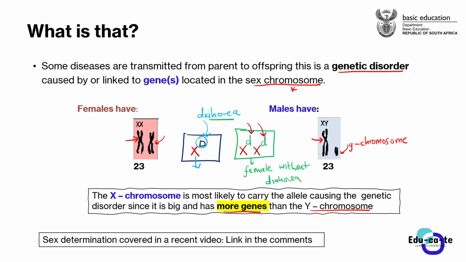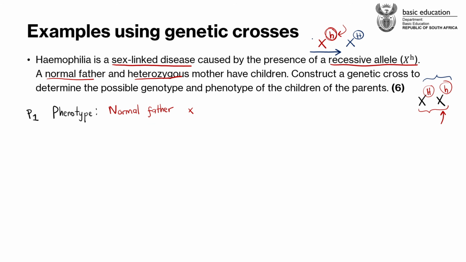Remember what I said in the previous slide, that if capital letter D represents diarrhea, small letter d will represent someone who doesn't have diarrhea. Similarly here, small letter h represents someone who has hemophilia, so capital letter H will be someone who doesn't have hemophilia.